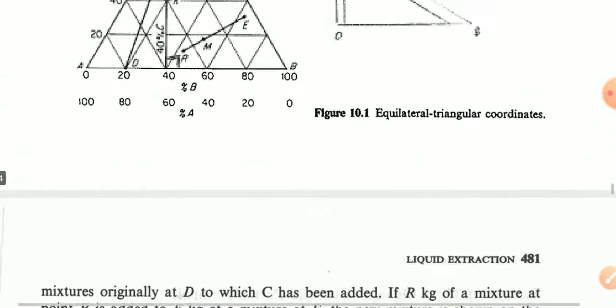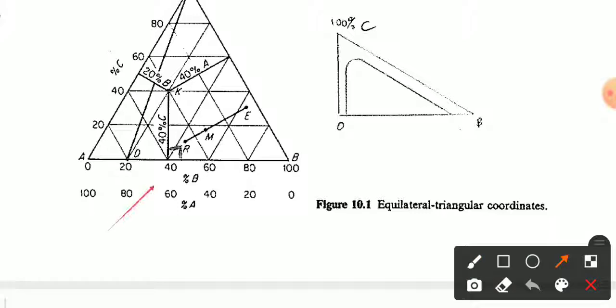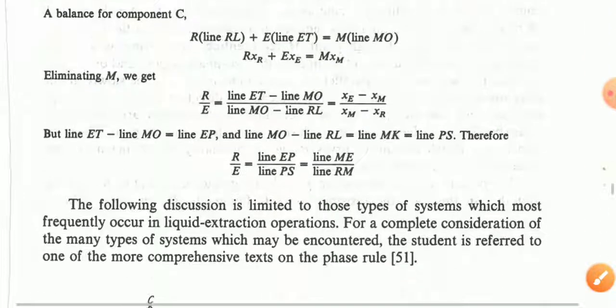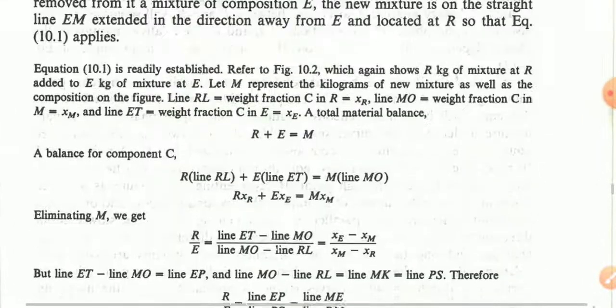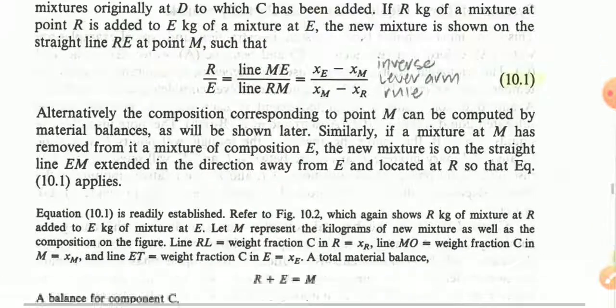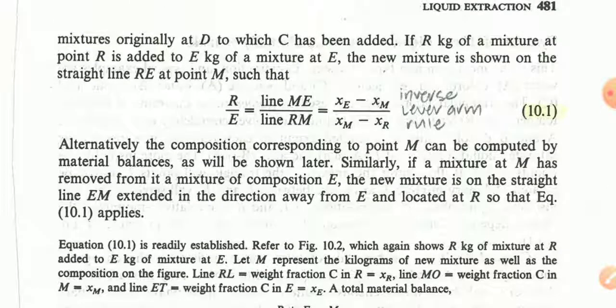Look at the figure, this line. Simply, it is line ME by line RM, a straight line ME.